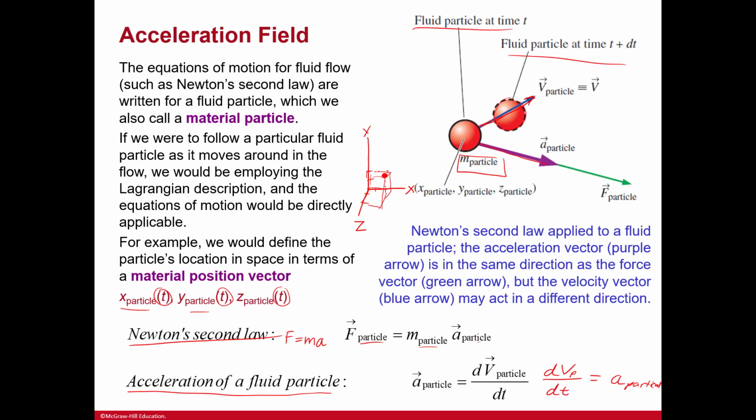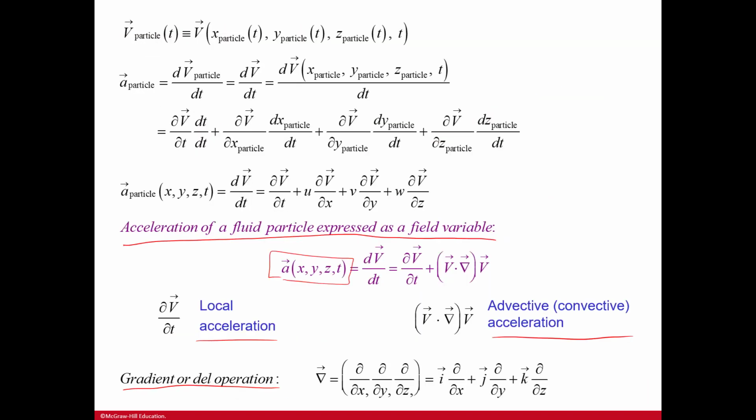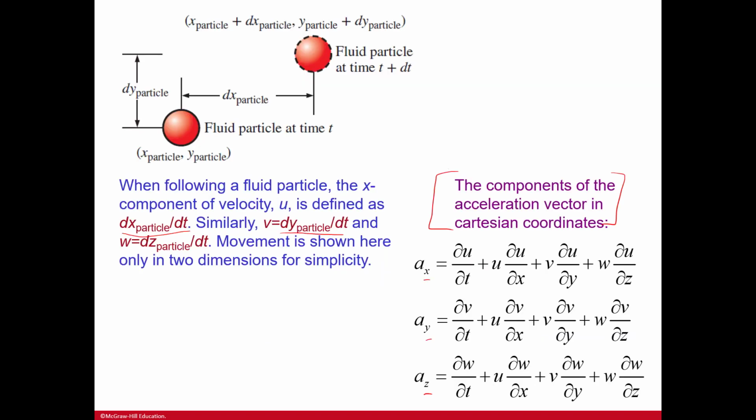Okay, here are additional formulas to go with that, which is the acceleration of the fluid particle expressed as a field variable. We have the local acceleration, and then the advective term, which is being defined, and then the gradient or del operation. Below here on the right are the components of the acceleration vector in Cartesian coordinates.